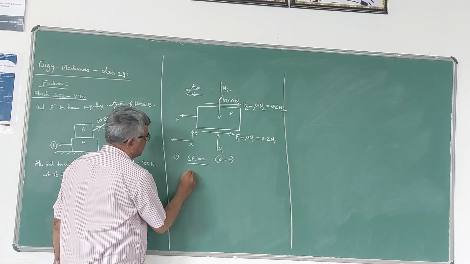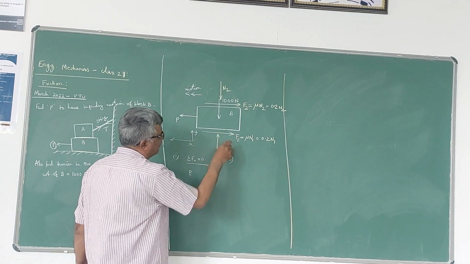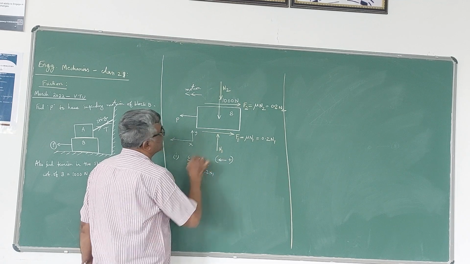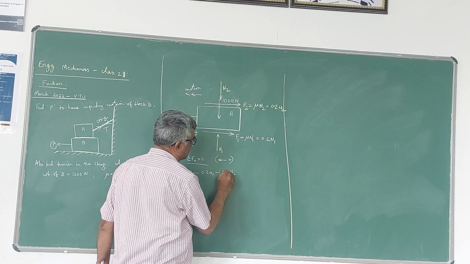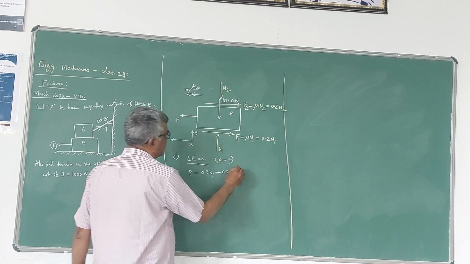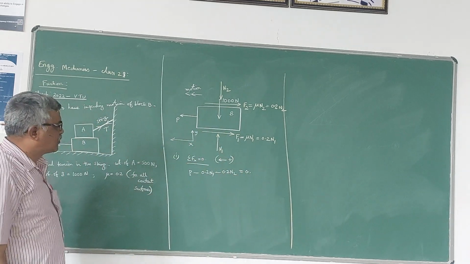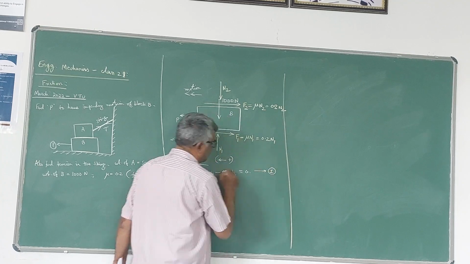So P is positive. Then F1 is negative, F1 is nothing but 0.2 times N1, that is negative. Similarly, F2 negative, opposite direction, 0.2 times N2. So this will be equal to 0. There is no other force in the x direction. So you can call this equation 1. You cannot solve this. There are 3 unknowns.